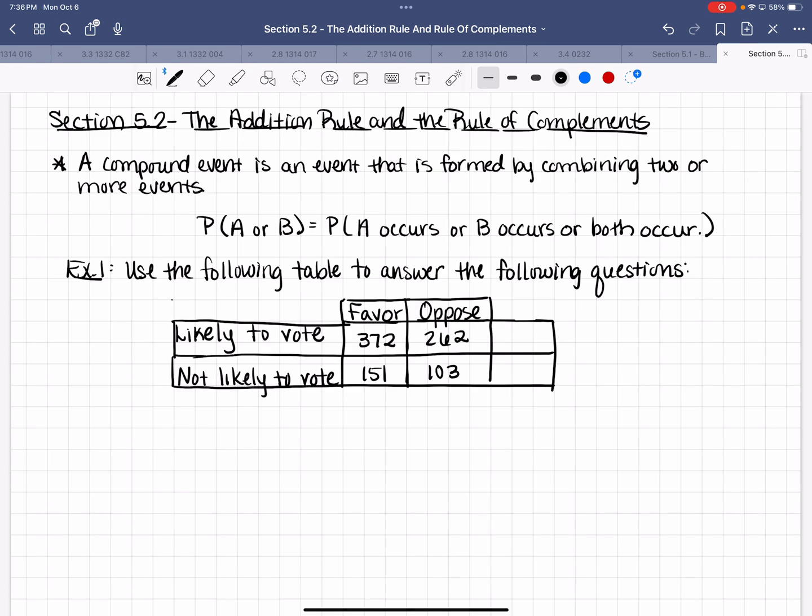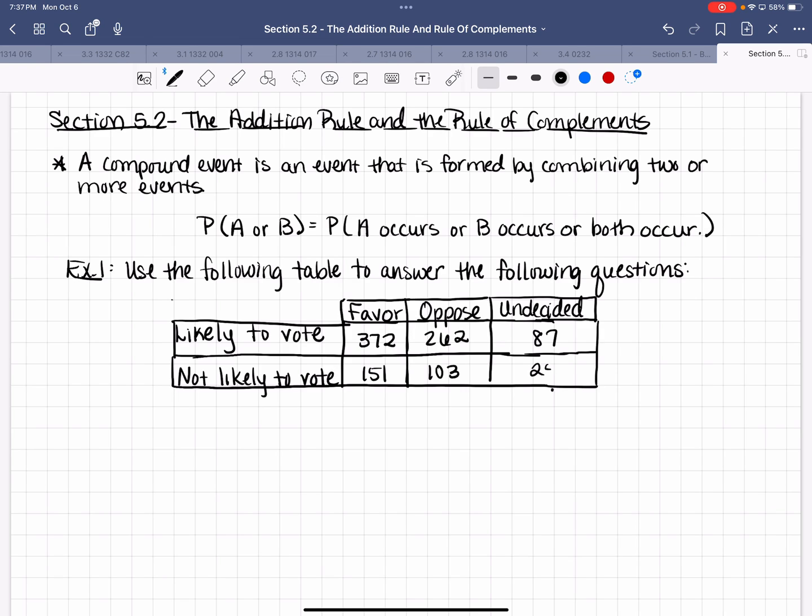Okay? Then I have the undecided people. And of the undecided people, there are 87 people that are undecided that are likely to vote.